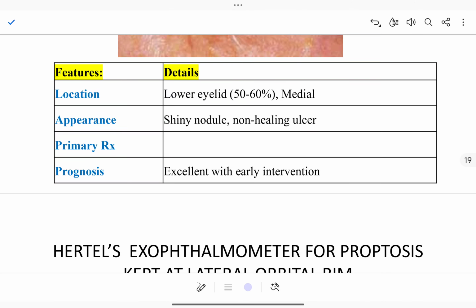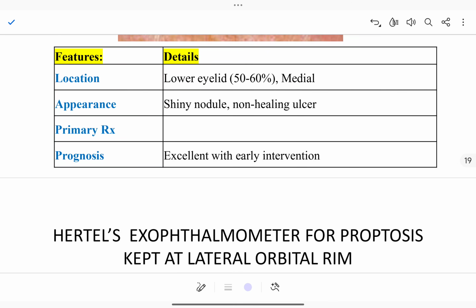Come to the main point. Key features of basal cell carcinoma. Location: lower eyelid.